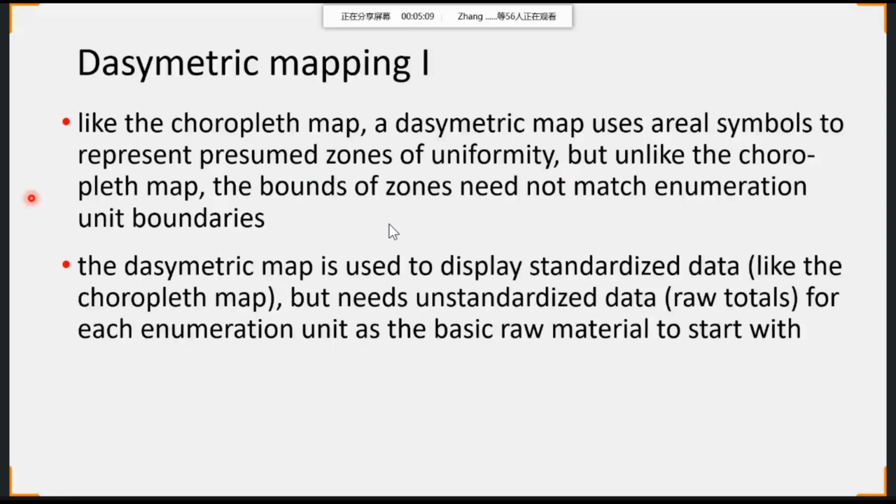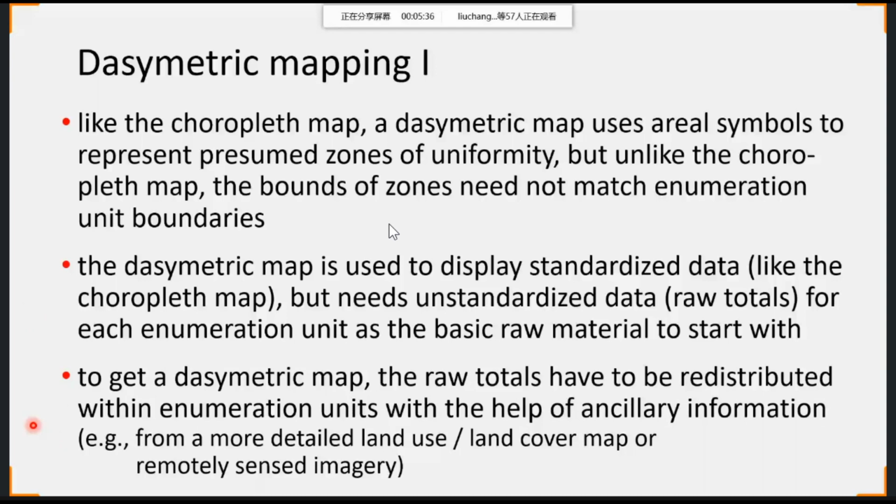The dasymetric map is used to display standardized data like the choropleth map, but needs unstandardized data, raw totals for each enumeration unit, as the basic raw material to start with. So we need other kinds of data. We need raw data.